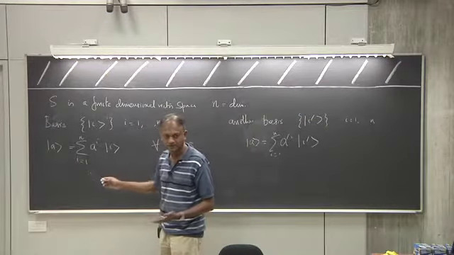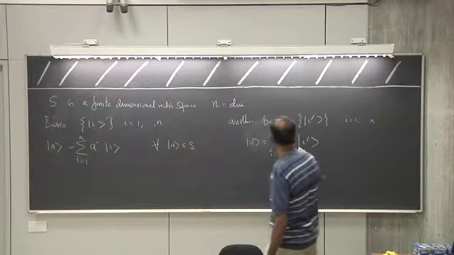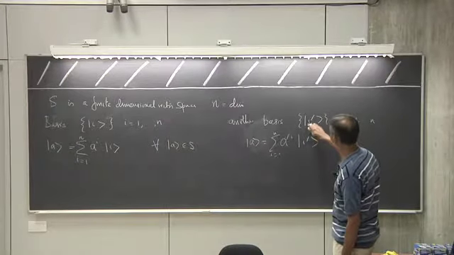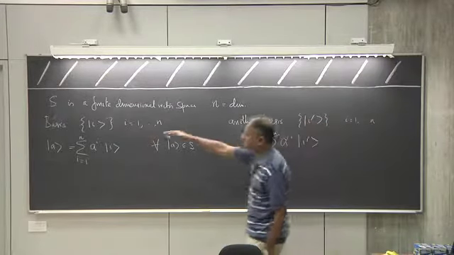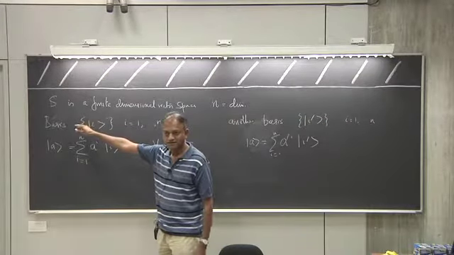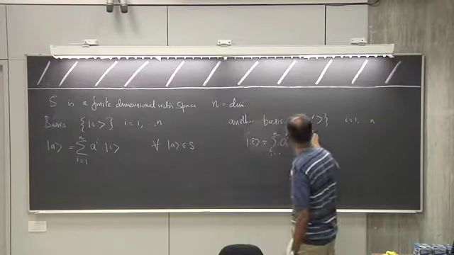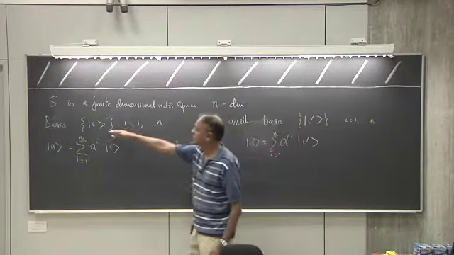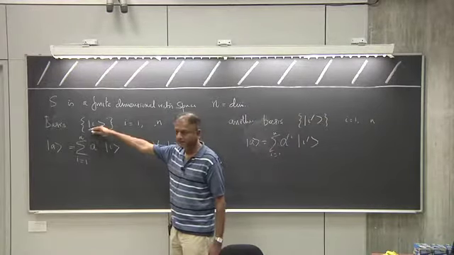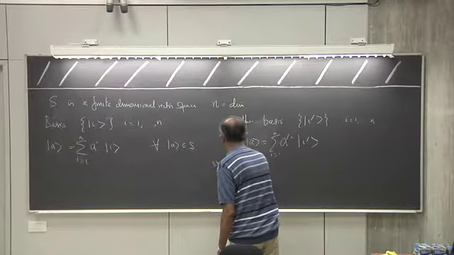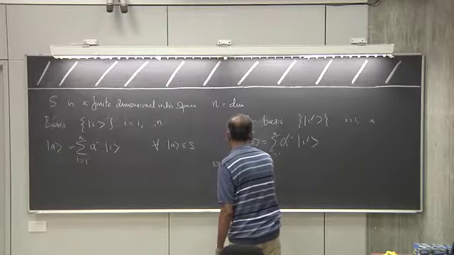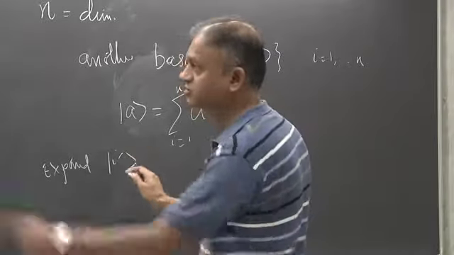There must be some relation. You can obtain it once you specify the new basis vectors in terms of the old basis vectors. After all, you can expand each of these vectors as a linear combination of the basis vectors. So expand the i prime vectors in terms of the old basis.